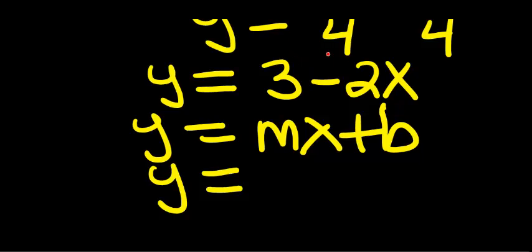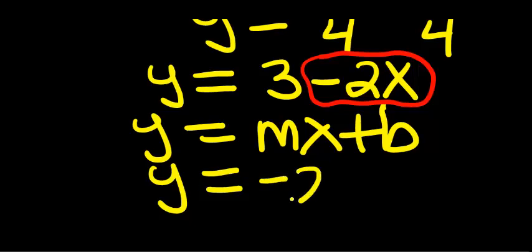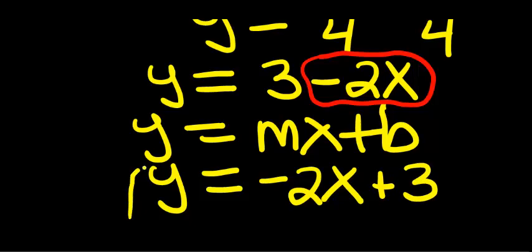And this whole term is a negative 2x. Don't forget that negative sign. You want to make sure you capture the whole term, including its sign. So y is going to be equal to minus 2x, and this is a positive constant term, so it's a positive 3. So this is my answer.